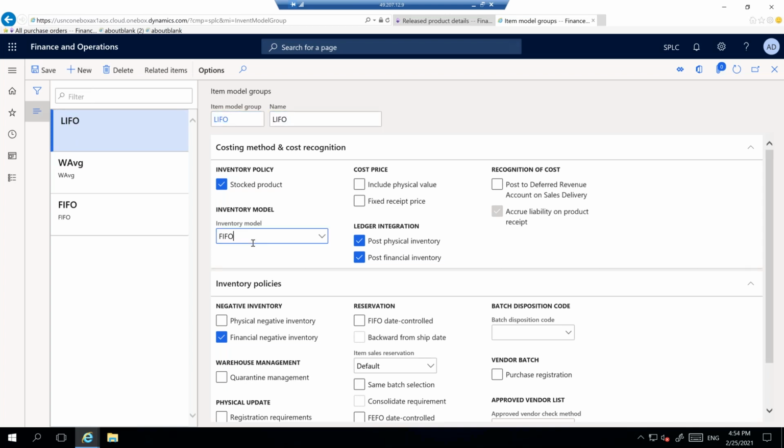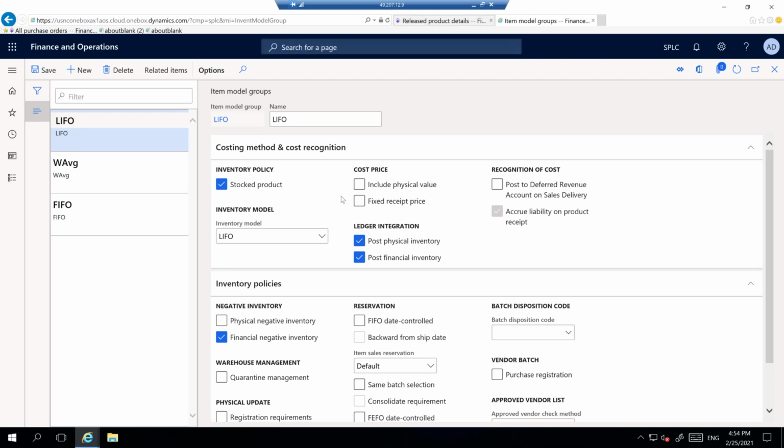LIFO is date-wise, within the LIFO date. Weighted average means within the weighted average date. Moving average I will also discuss. So we are learning 4 major parts. Three are LIFO, FIFO, and weighted average, which we have created. This one is FIFO, this one is weighted average, this one is LIFO. Okay, 3 model groups we have created.